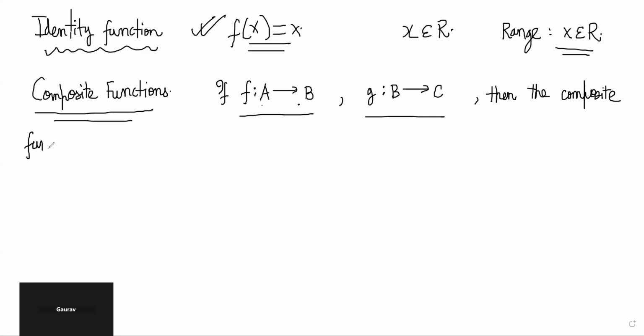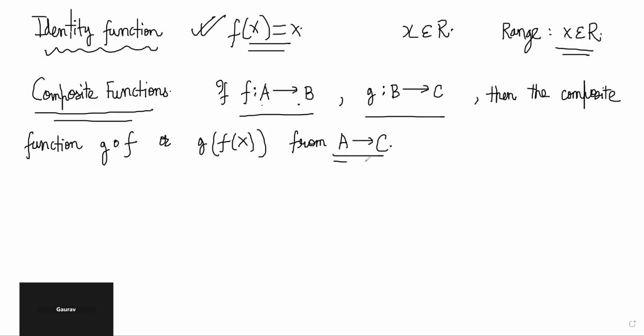Then the composite function g o f, which can also be written as g of f of x. This is the way to write the composite function, and this composite function would be from A to C. Why is it from A to C?